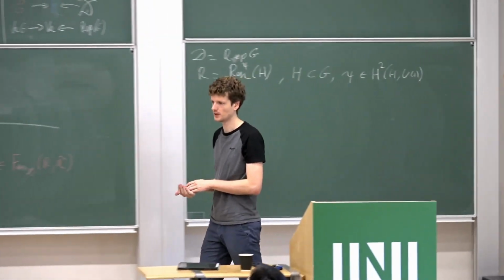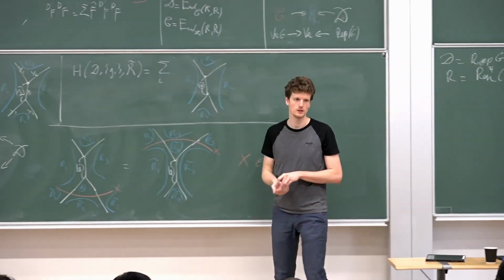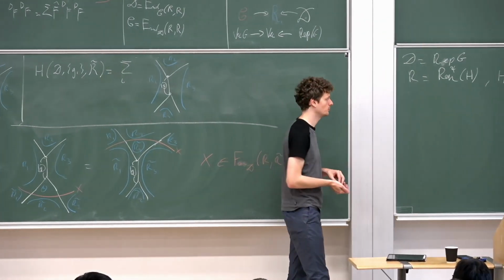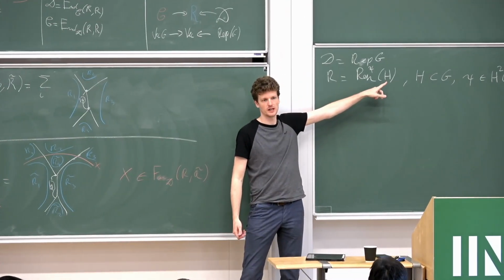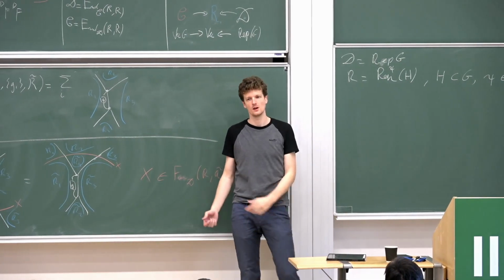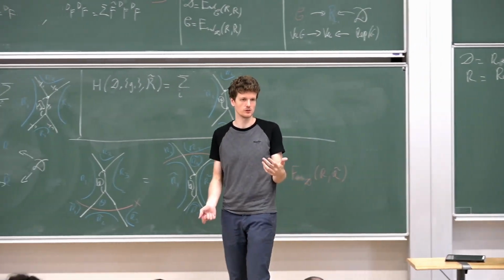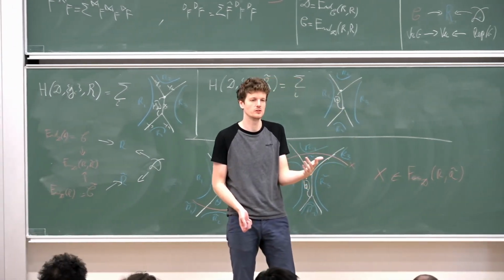So if I give you something like Rep Z2, there's going to be two options. There's going to be this Vec, which is obtained by taking the trivial group here, then you get a category with just one element. Or any fusion category is a module category of itself. That's the only option for Rep Z2.